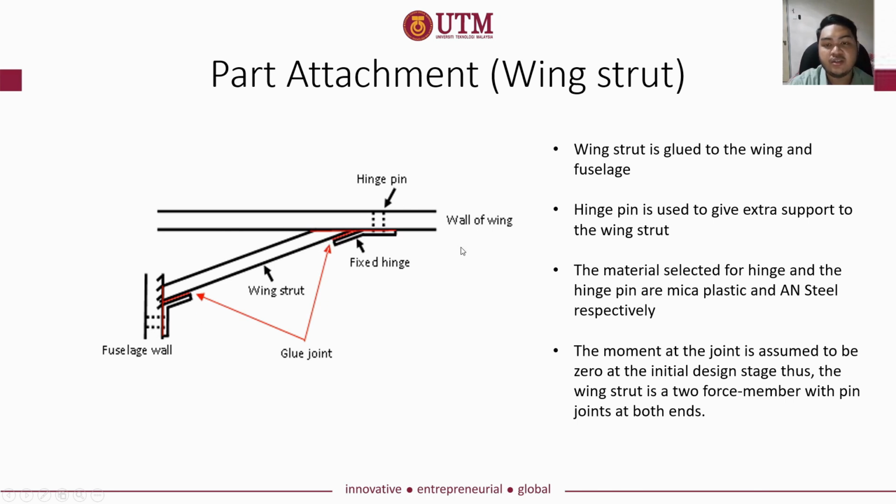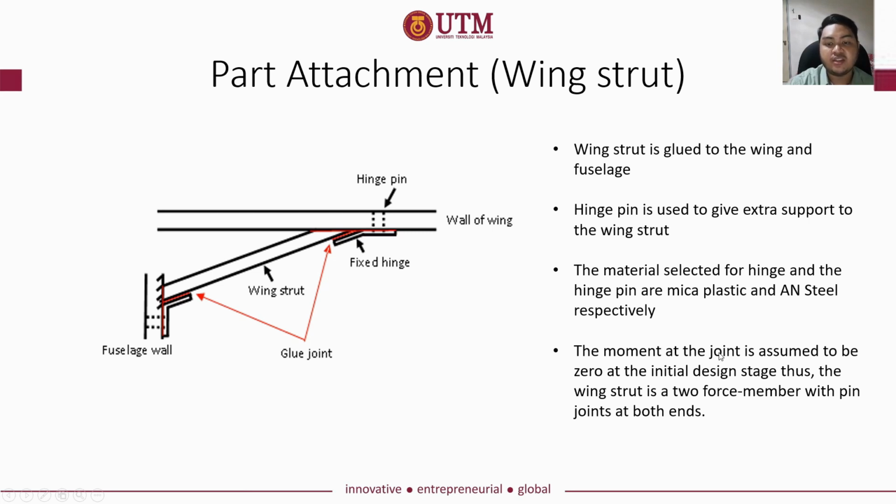A hinge pin is used to give extra support to the wing strut, and we use it to make sure that there will be no horizontal movement of the fixed hinge. For the fixed hinge, we make sure the wing strut will not move in the horizontal direction. The material selected for the hinge and the hinge pin are mica plastic and AN steel respectively.